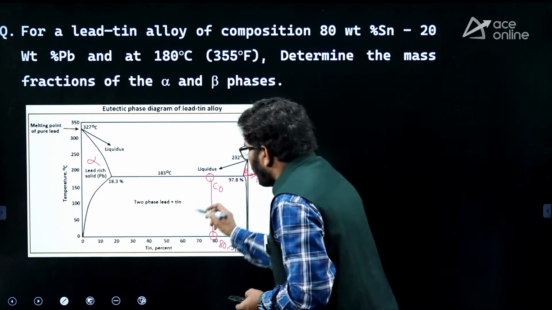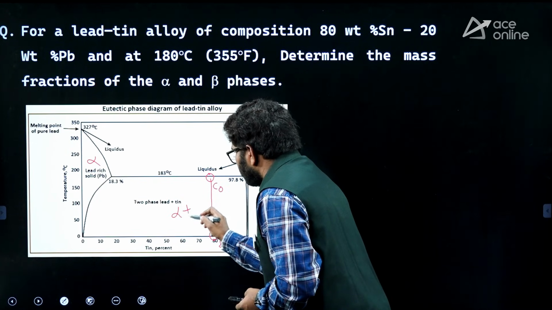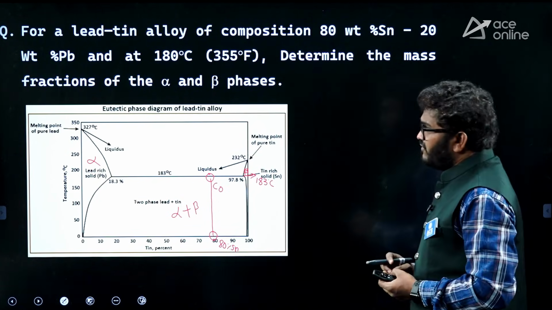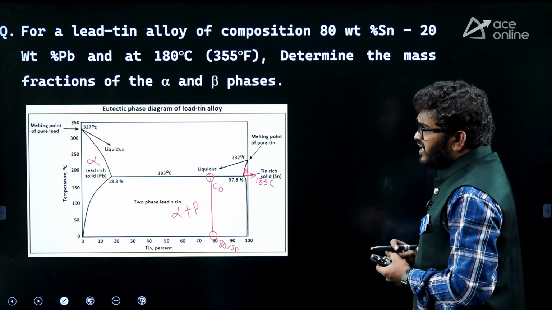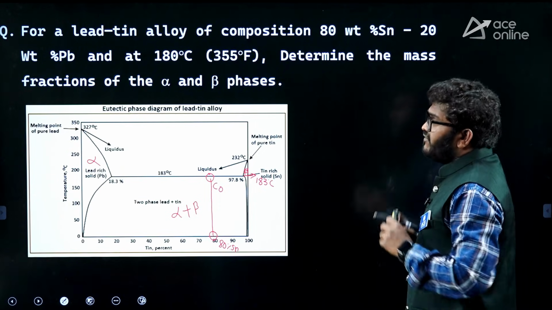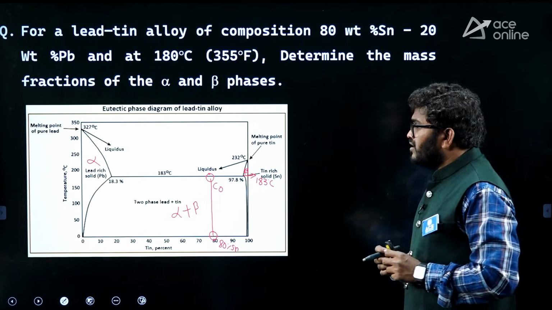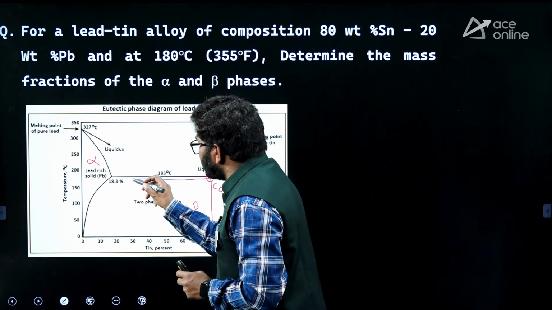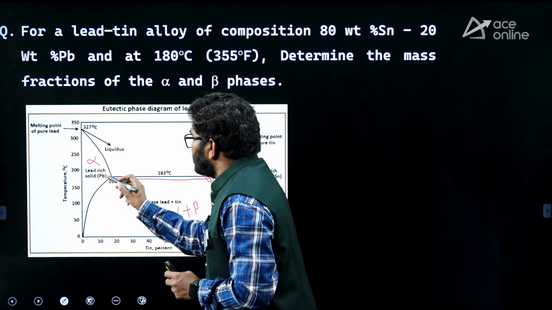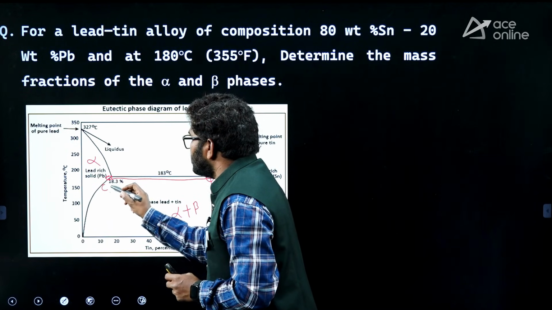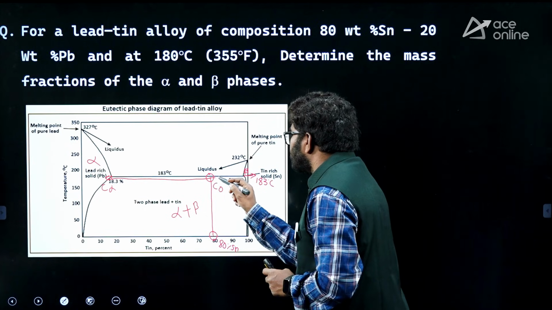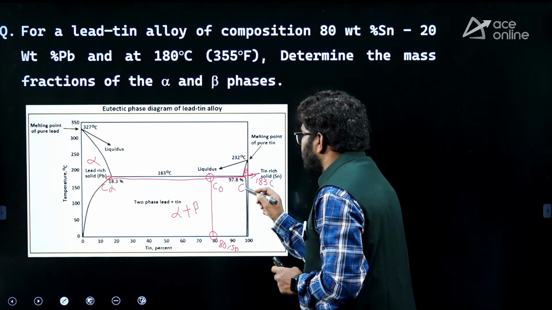At this point we have alpha and beta. Tell me, where will you get 100% of alpha as per this diagram? 100% of alpha I will get by drawing this line, it intersects here. Here 100% of alpha, C alpha. 100% of beta you will get here, C beta.